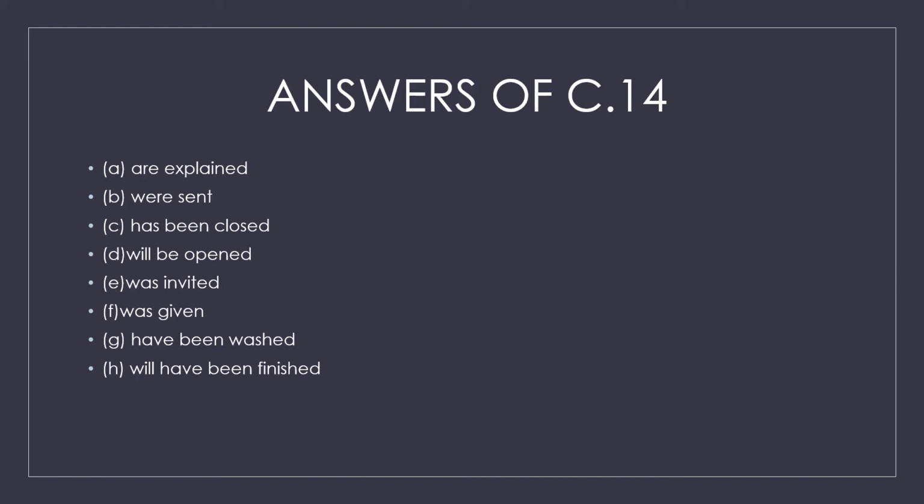Now let us go to C14. We have done it, but we should know the correct answers, so that when you have time you can correct your work. Answers of C14: A, was explained; B, were sent; C, has been closed; D, will be opened.